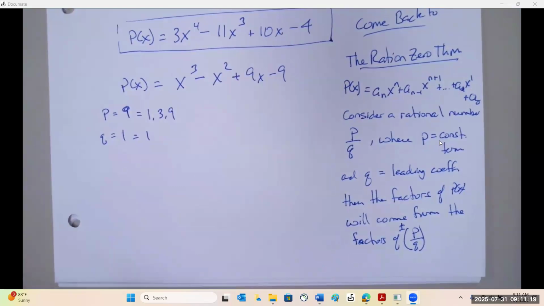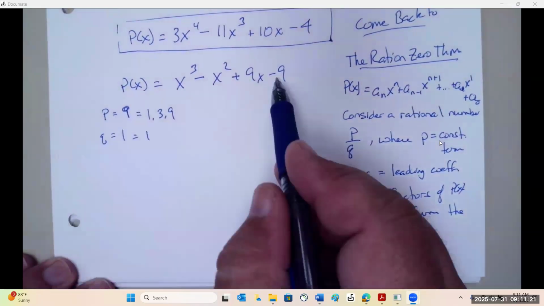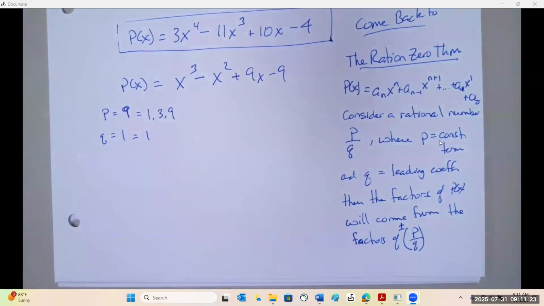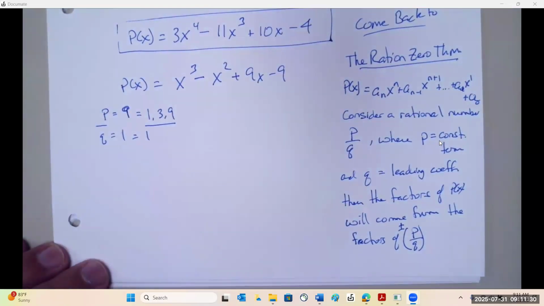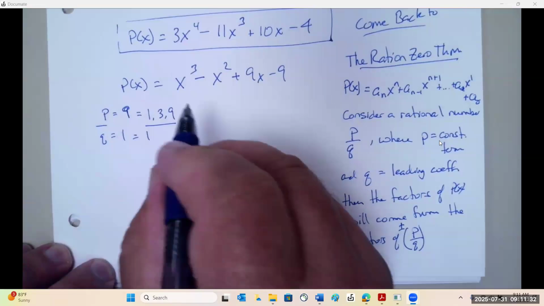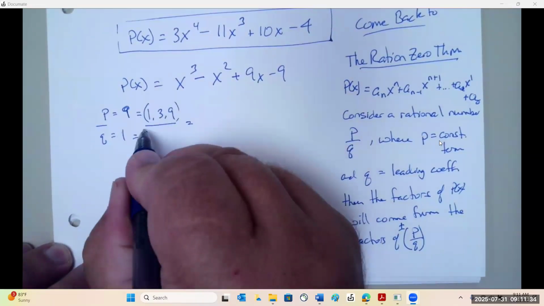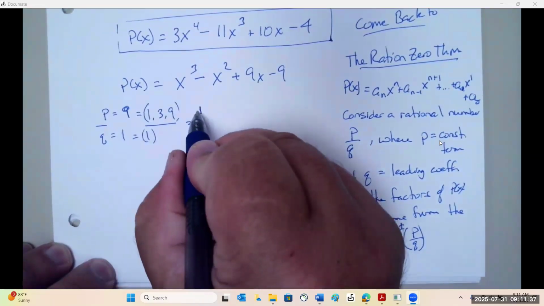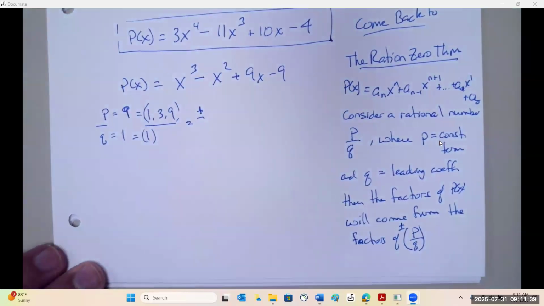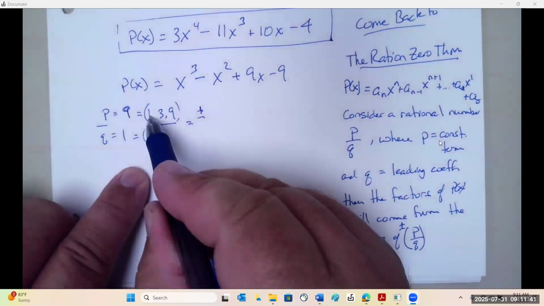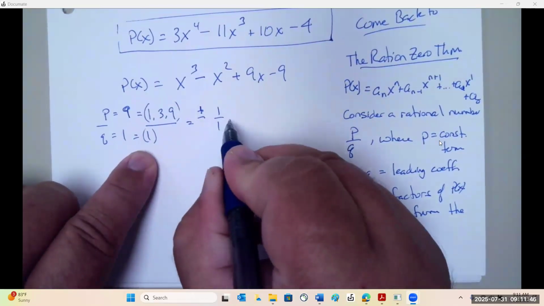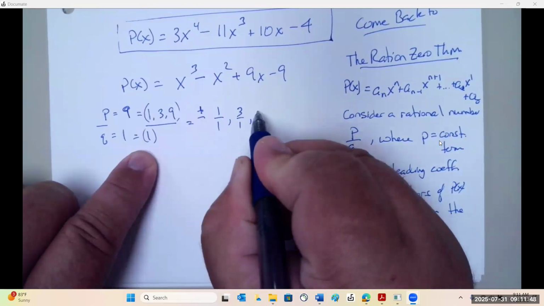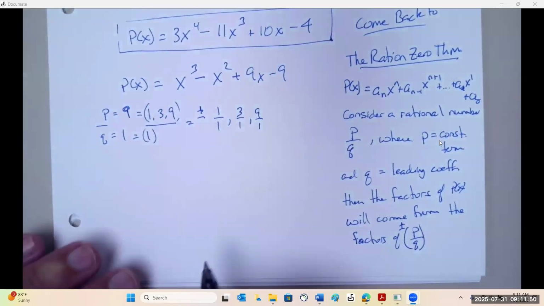So far, so good? So take the constant number, break it down to what are the possible numbers that multiply to equal that. Now we're doing the ratio of them. And it could be the positive or negative of those numbers. So we take each of the top numbers and divide it by the bottom one. So it could be 1 over 1, 3 over 1, or 9 over 1.